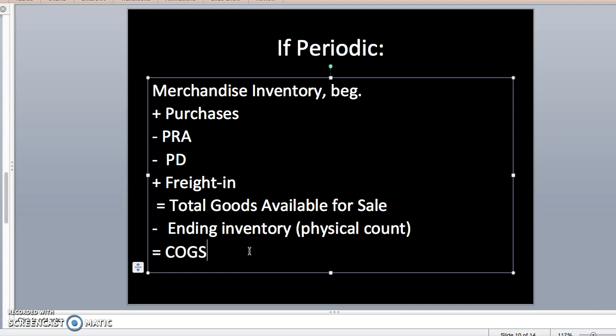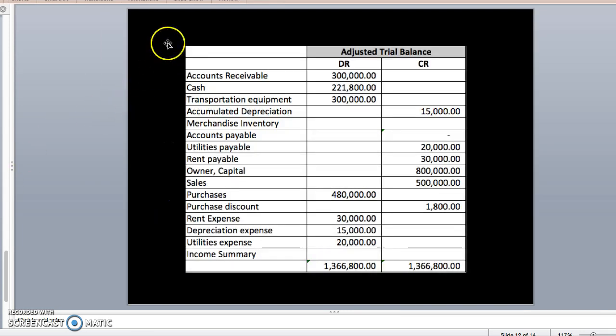Now, what's the implication of this? Given that we have specific names for the increases and decreases in the inventory under the periodic inventory system, it will look like this in the adjusted trial balance. So in this business, there's no record of merchandise inventory, which means there's no beginning inventory, 0.